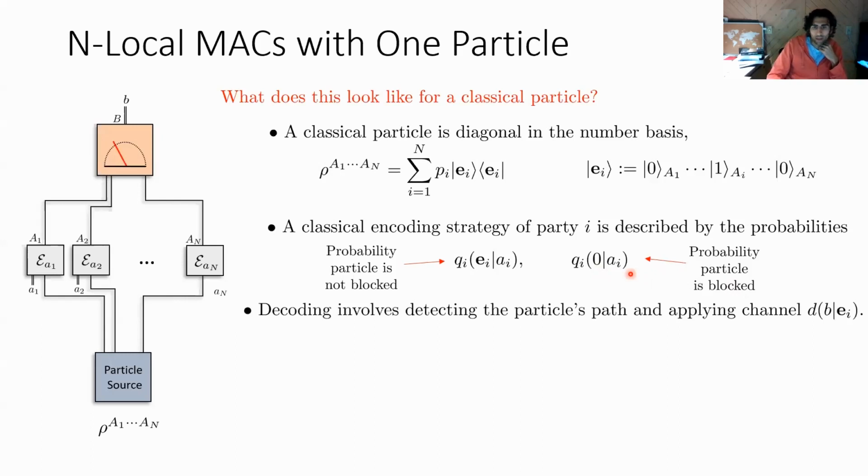The decoding is also easy. Classically, there's not much to it. The decoder just looks at all the end paths and sees whether there's a particle in it or not. Then there's some channel that it performs that we call B here, the decoding channel. This would be the probability of outputting b given that a particle is found in path i. That's what that denotes.